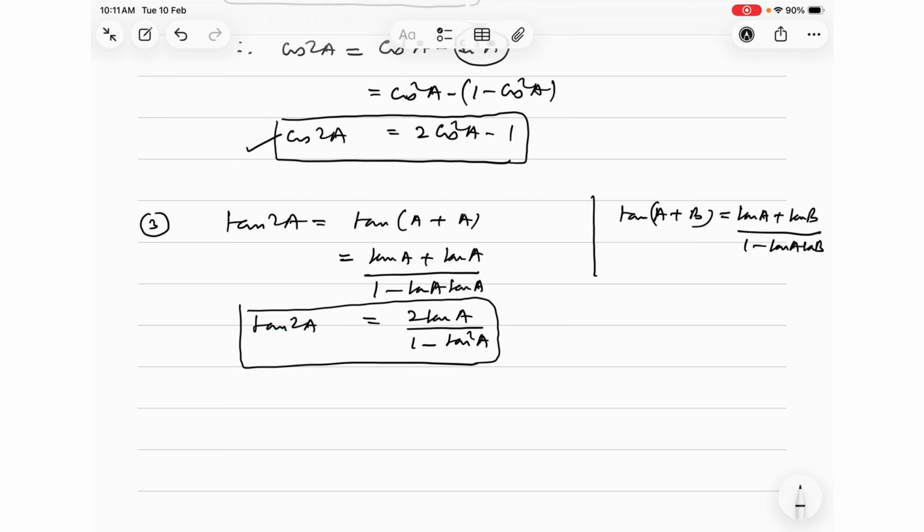Tan 2A is equal to 2 tan A by 1 minus tan square A.